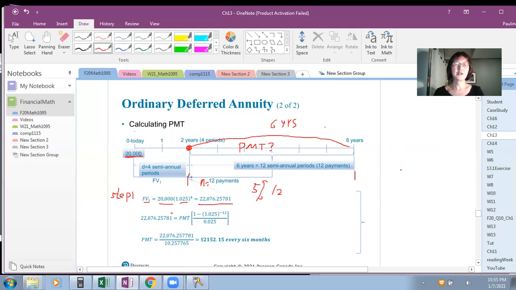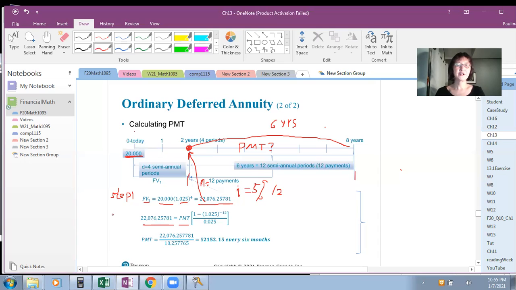This number is here at this point, and this number serves as the present value for this annuity. So you use this formula, PV equals PMT times (1 minus (1 plus I) raised to power negative N, N equals 12) divided by I. So this is I. With 1 equation and 1 unknown, you can solve for PMT.